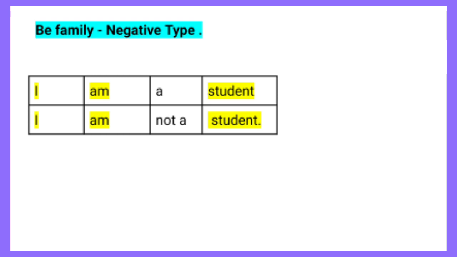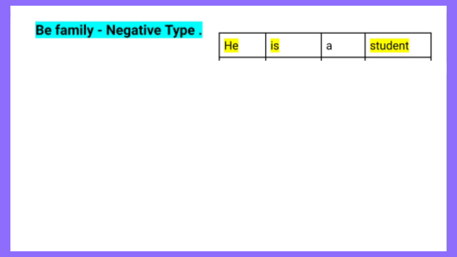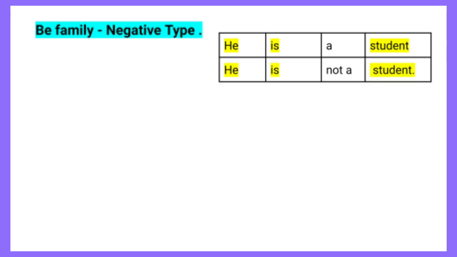So the first sentence is the normal sentence. The second sentence is a negative type. I am not a student. That is a negative type. Then see the next. He is a student. How will the negative type be? Very good. He is not a student. Okay, this is the present form.